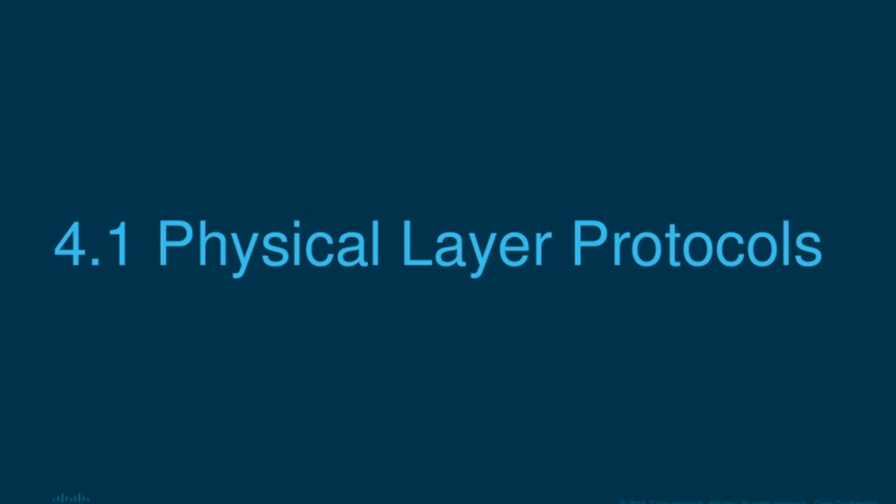There are three basic forms of network media. First is electrical signals, copper cables. Second is light pulses, fiber optic cable. Third is microwave signals, wireless.